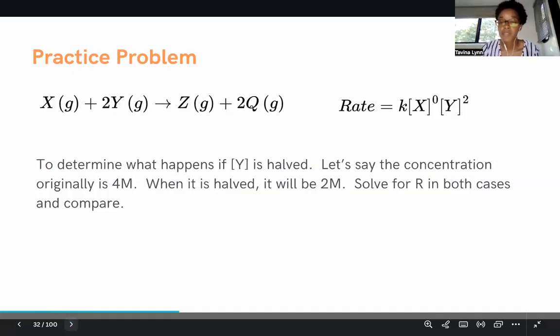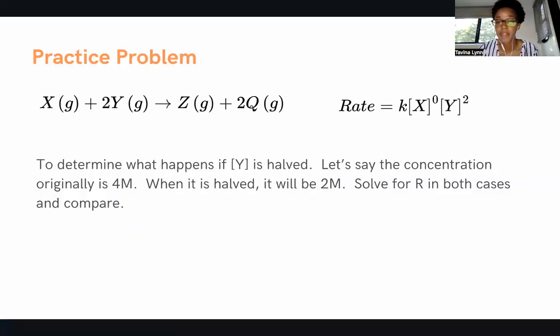The way that I would solve this is I would just make up a number. Let's just say the concentration originally for reactant Y was 4 molarity. Now, if it's halved, half of that is 2 molarity. So I'm going to solve for our rate in both cases, and then I'm going to compare the rates to actually answer the question.